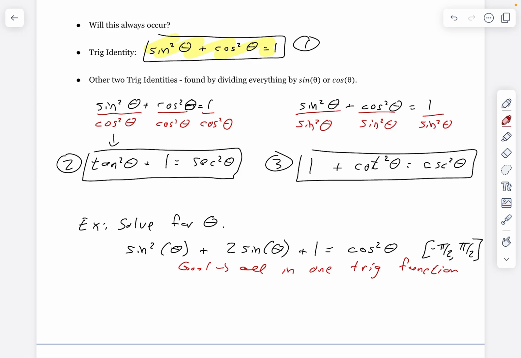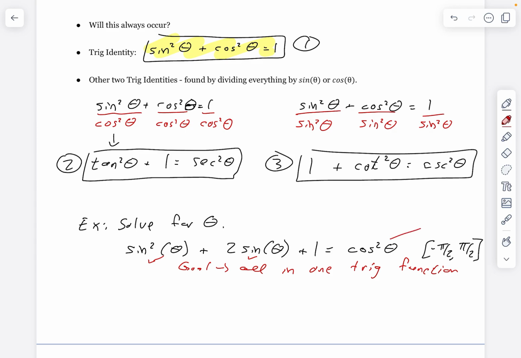So I'm going to use my identity, my yellow, most important identity. I have a sine squared. Okay, that's good, I could make that x. I have a sine. Okay, I could make that x as well. But I have a cosine. I don't want to make it a y. What do I do with the cosine squared?